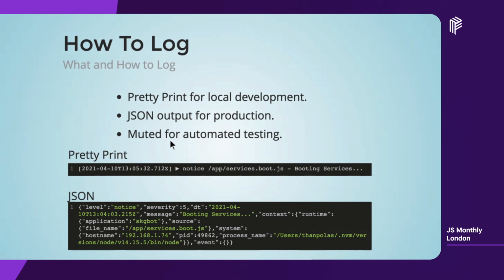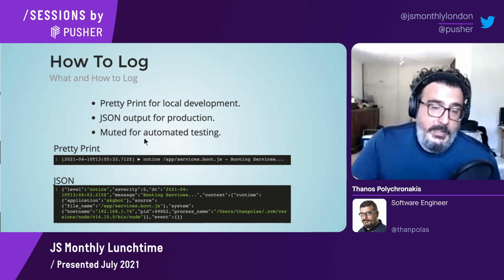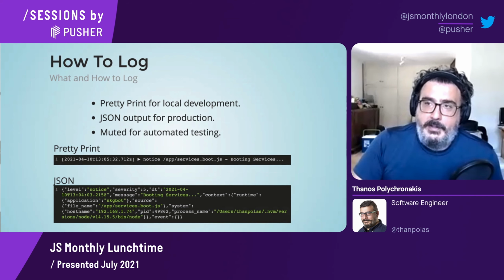And when you're testing, you would expect that all of your tests are passing on your continuous integration machine. So you would basically mute your logs so they won't produce huge artifacts. And in case something breaks and you want to debug it, then you can manually enable logs for CI. But typically, from experience, it doesn't need to happen that often.